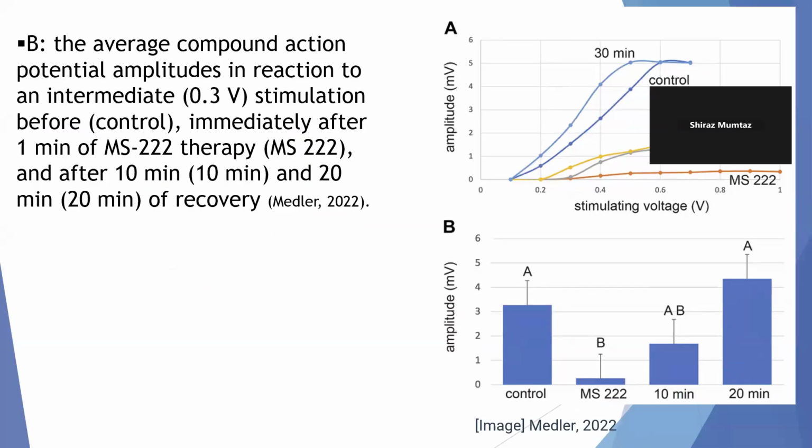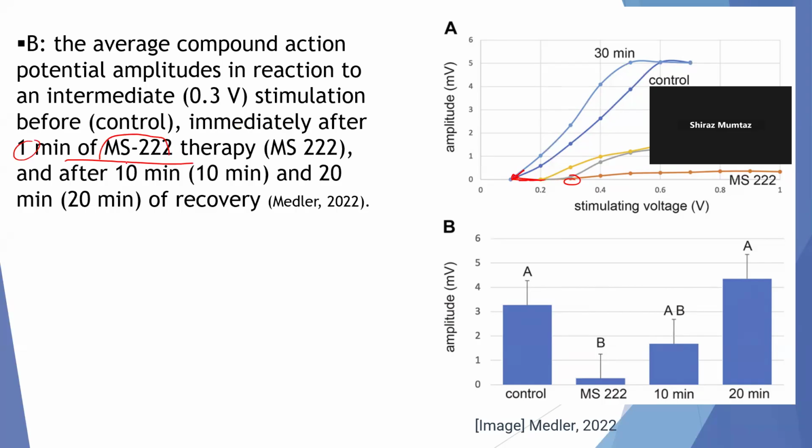On average, we recorded the action potential amplitude in reaction to stimulation before, as we see here, and then 1 minute after putting on this MS-222. Everybody gets this at the same time.